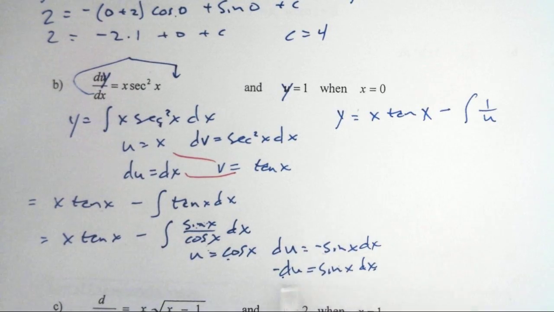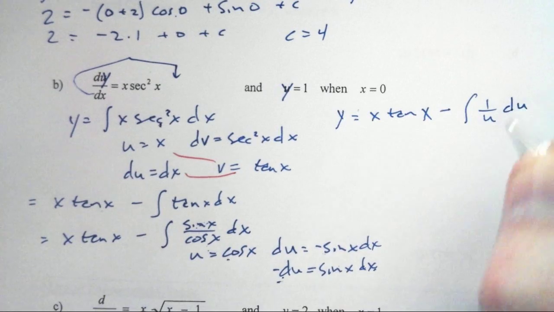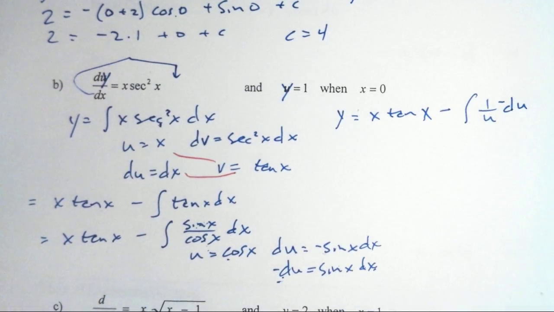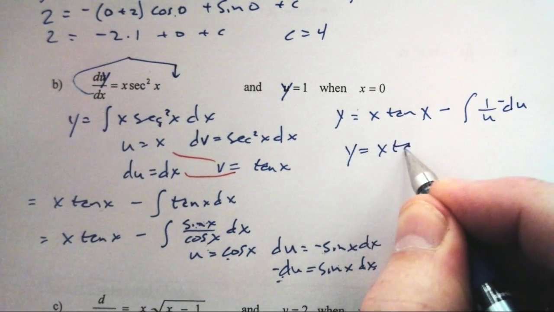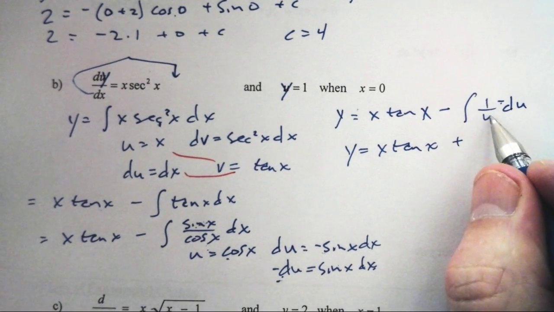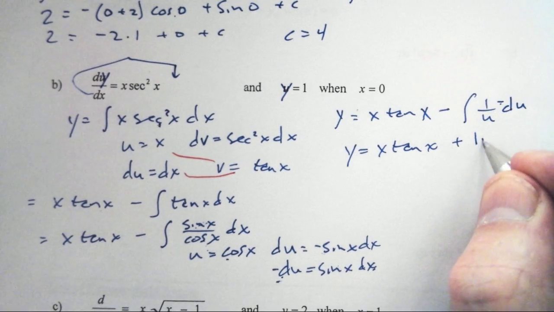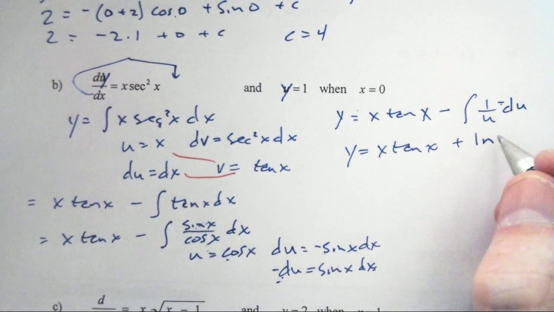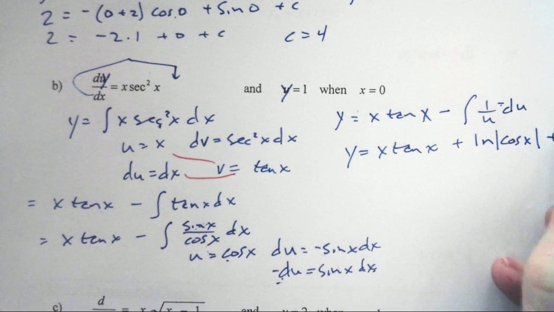So negative du takes care of that for me. So y is x tangent x, I'm going to pull this negative out, plus 1 over u. The antiderivative of 1 over u is ln of u, but what is u? u is cosine, so absolute value cosine of x plus c.